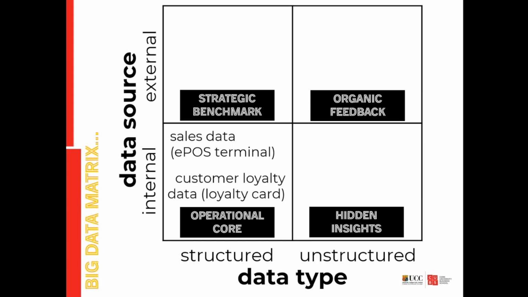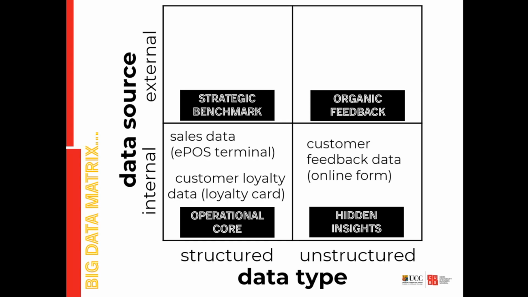We probably have customer loyalty data, especially if we want to have some meaningful way of appreciating who is buying, the frequency with which they buy, and so on and so forth. So again, you get the idea that people are thinking about the data and maybe in particular figuring out where exactly it should be positioned on the 2x2 matrix.